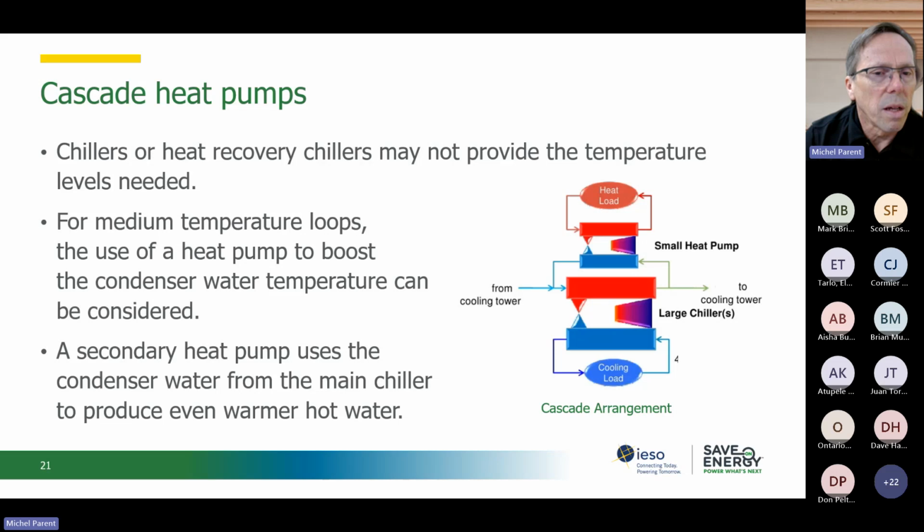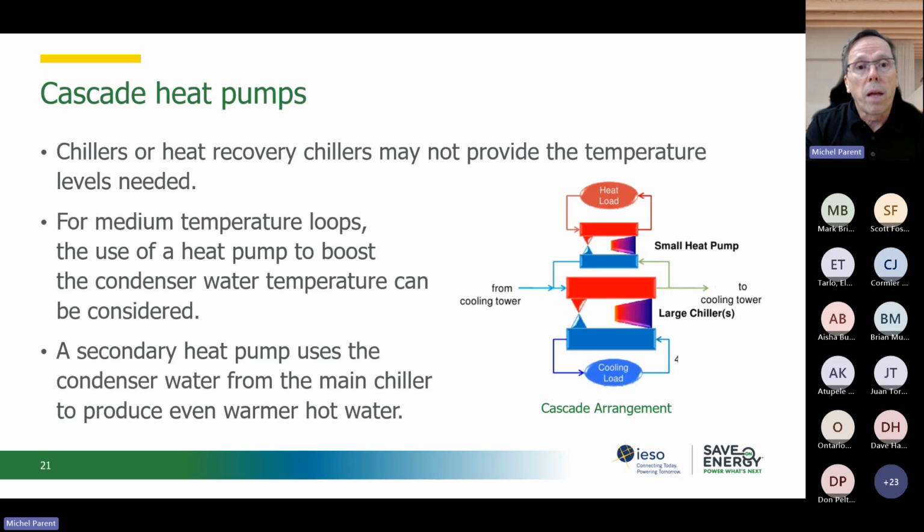Now, the heat recovery chiller is one very convenient system that used to be used extensively in large commercial buildings, but the drawback is that even with the double bundle chiller, you sometimes don't have enough temperature to meet your load because you're limited to fairly low temperature. If you have a reheat loop, very often the heat recovery chiller will be used to inject heat in it because it's a low temperature loop.